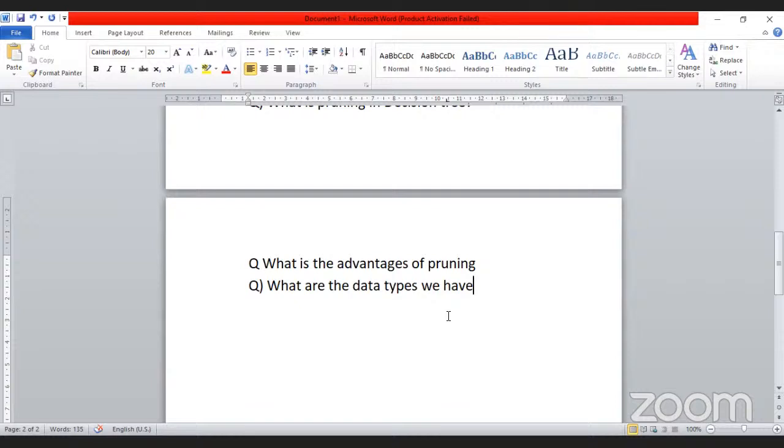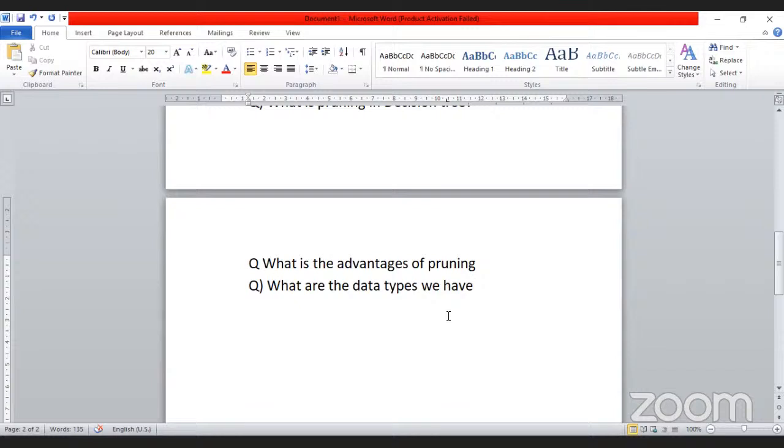But ordinal data means there is some natural order in the data. We can think of it with the help of our education system: nursery, then high school, then college, then graduation, post graduation, PhD.